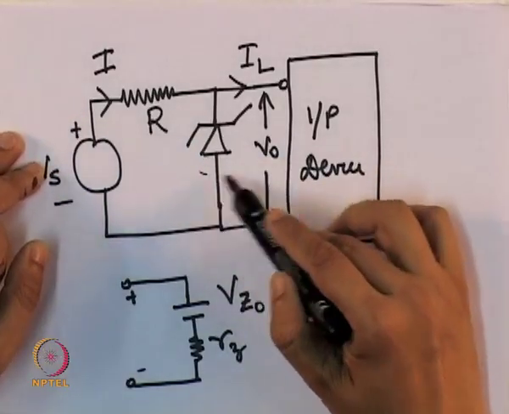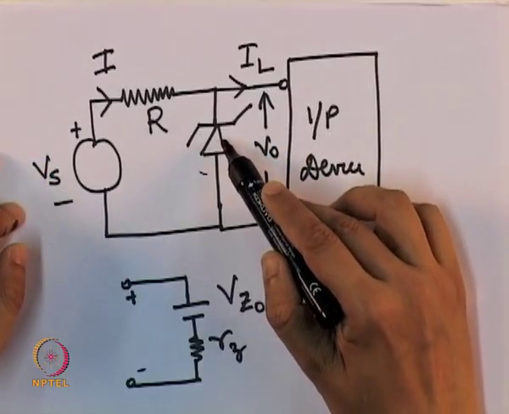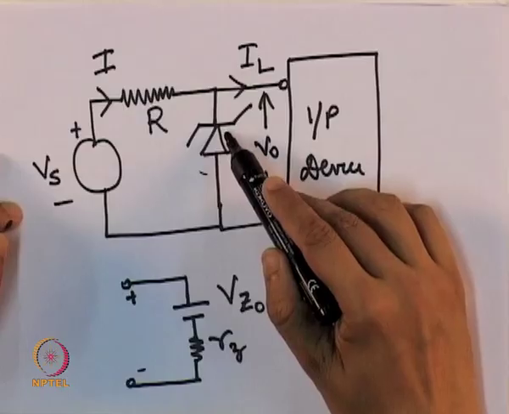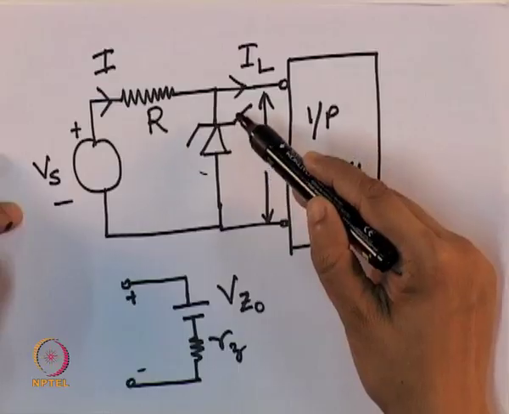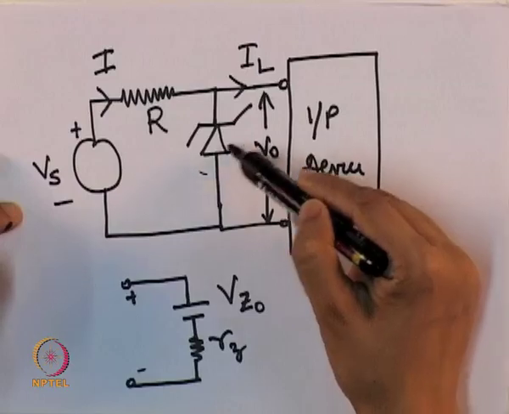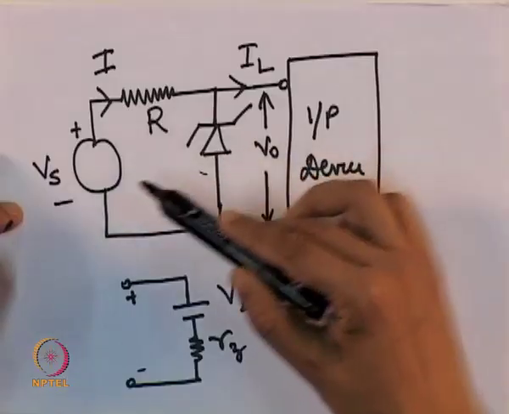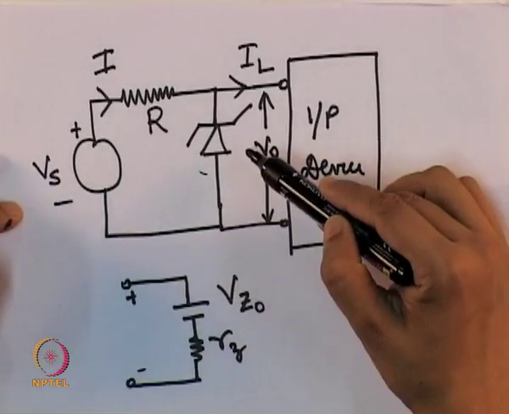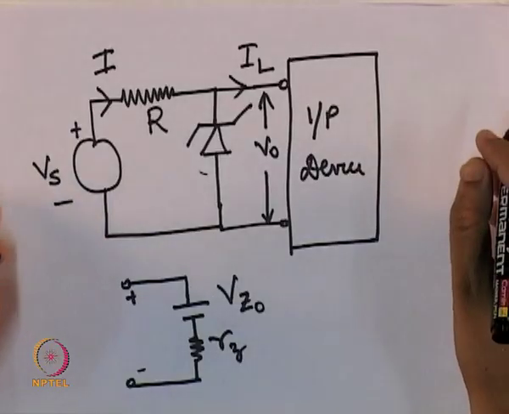No, note that a Zener diode always works in the reverse biased condition, and here I have connected this Zener diode in a way that when the source voltage increases it goes into the reverse bias region, and the higher the source voltage is, the deeper it will go into the reverse bias region.